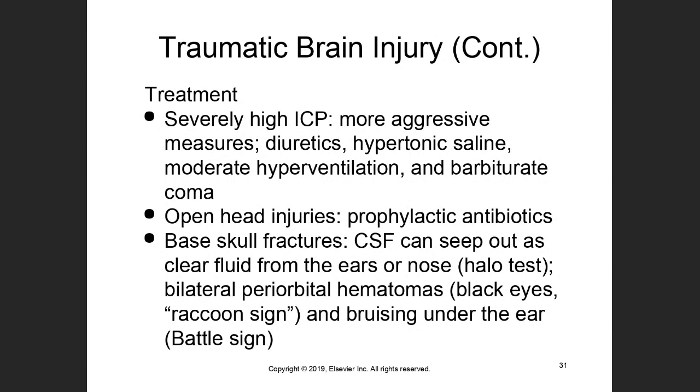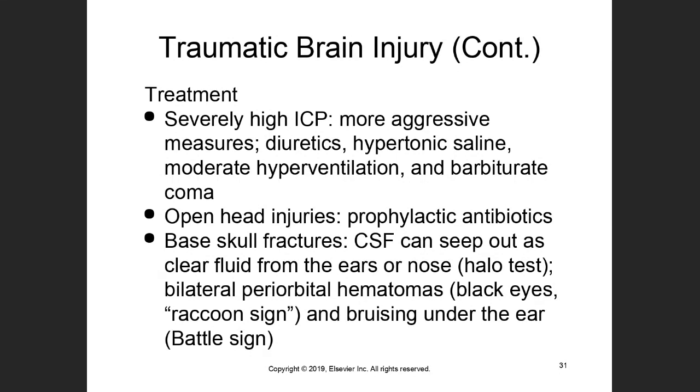Open head injury: prophylactic antibiotics. Basilar skull fracture: CSF can seep out as clear fluid from the ears or nose, bilateral periorbital hematomas, and bruising under the ear. Those are signs of intracranial bleeding and skull fracture.